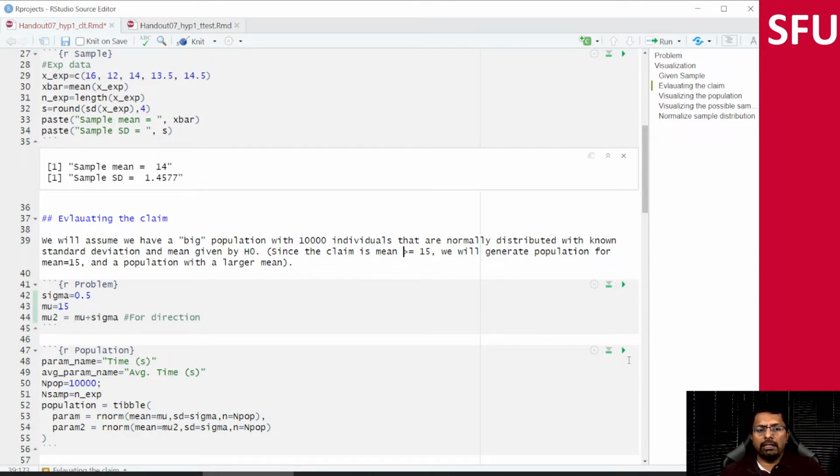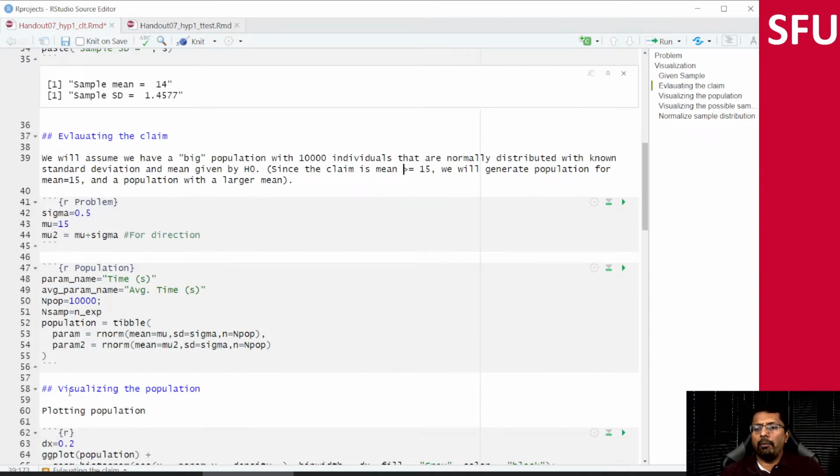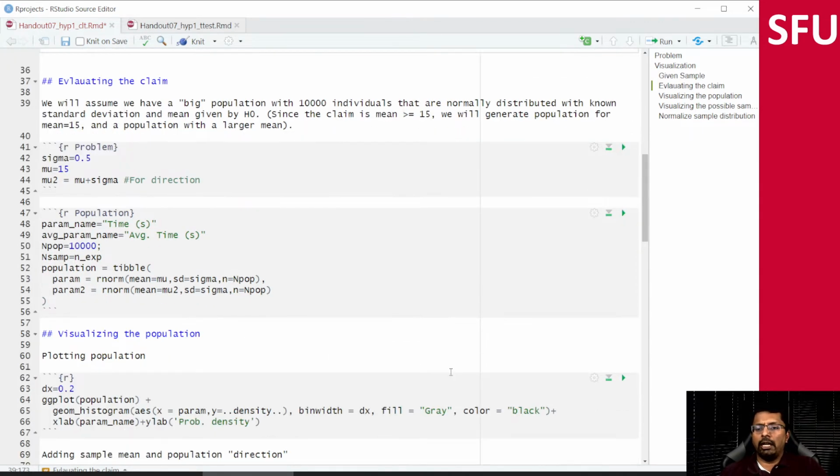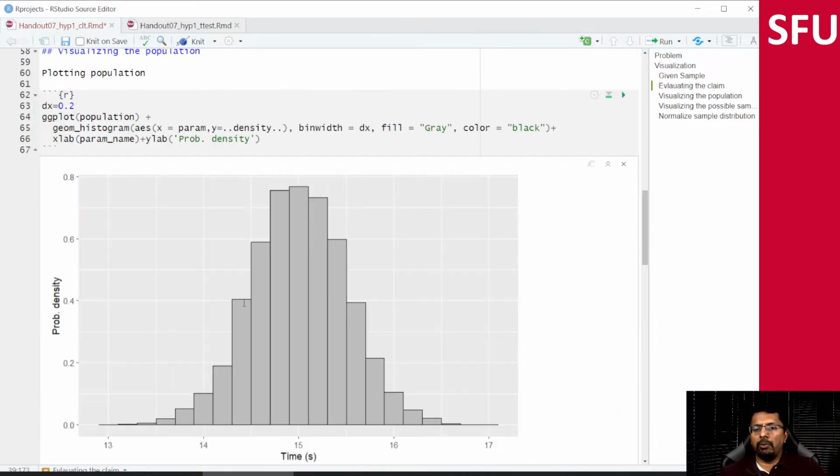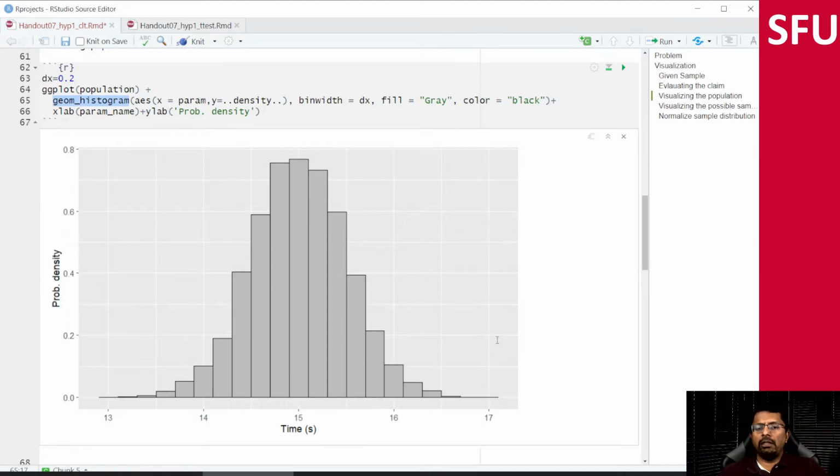We run this and then we can plot the population. This is just generating the population here. The command is, the population is where everything is stored, and I'm creating a histogram here. So then it looks good enough.